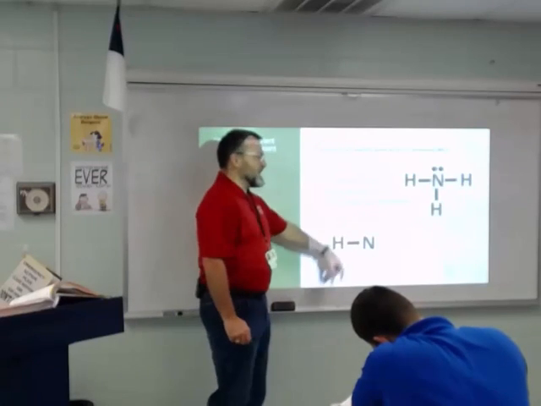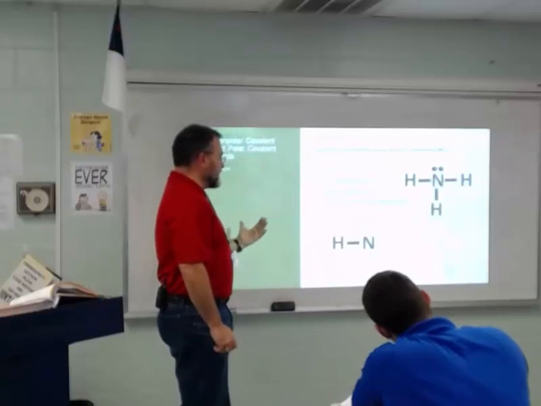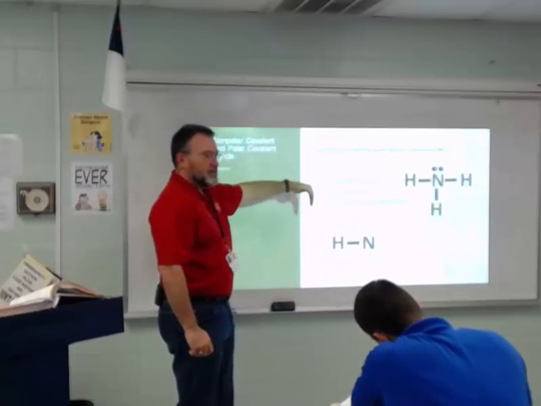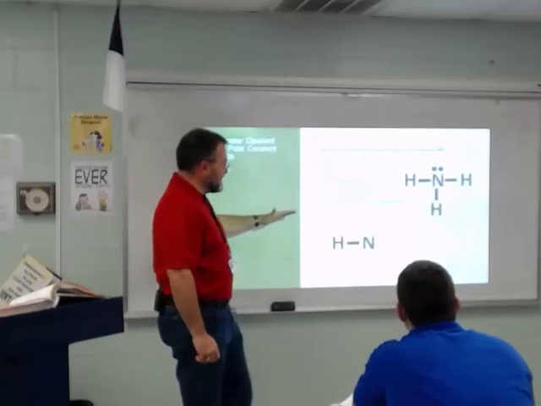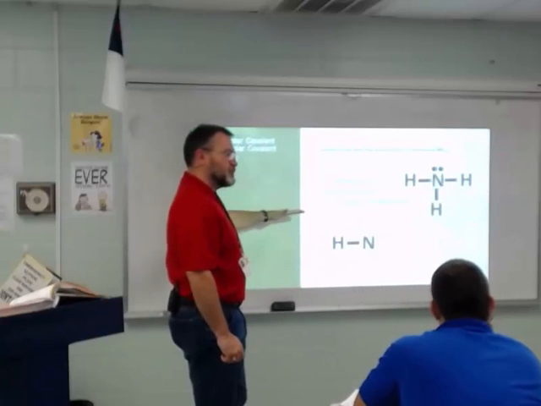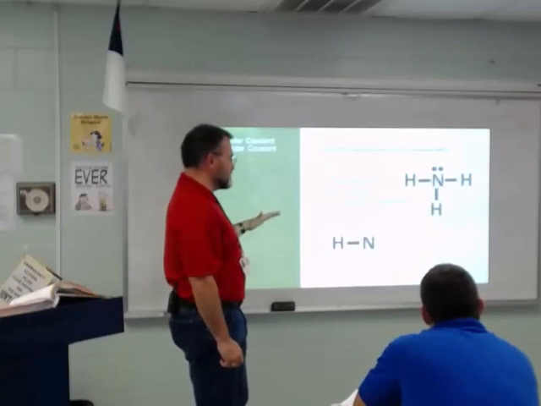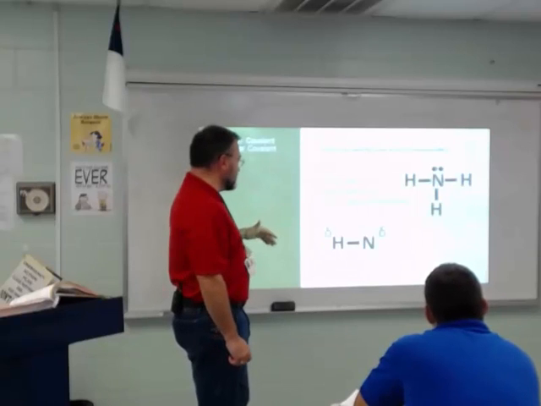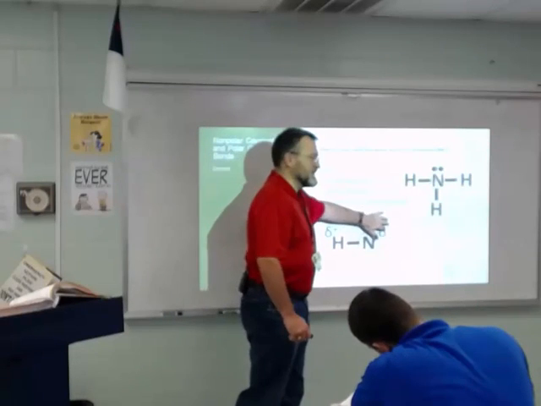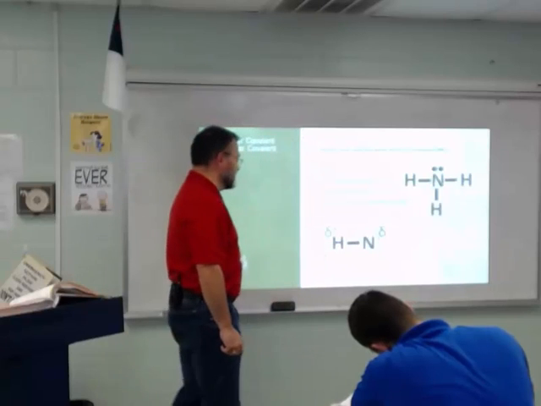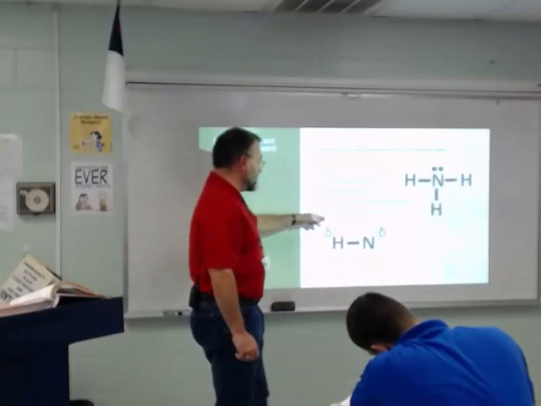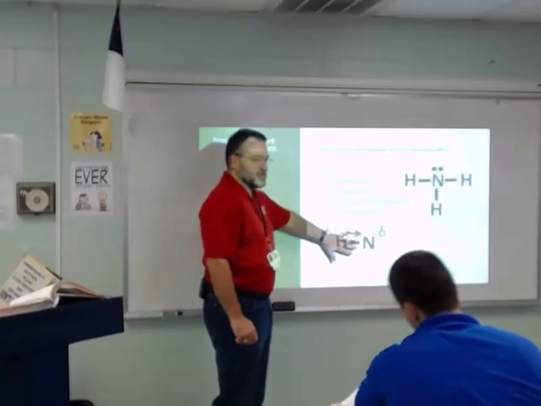Since nitrogen has a higher electronegativity, what is my indicator going to look like? Where's it going to go? It's going to point towards which side? Hydrogen or nitrogen? It's going to point towards the nitrogen because the nitrogen is partially negative because it has the higher electronegativity. And so we're going to annotate that on the bond symbols by giving it this symbol right here.